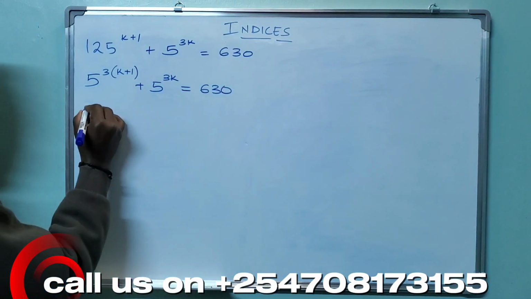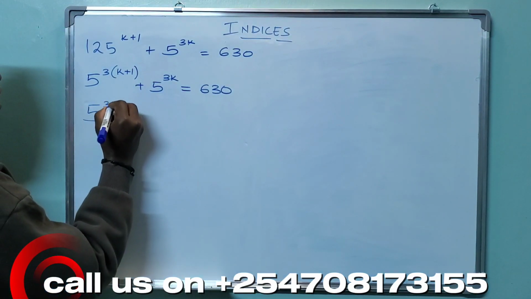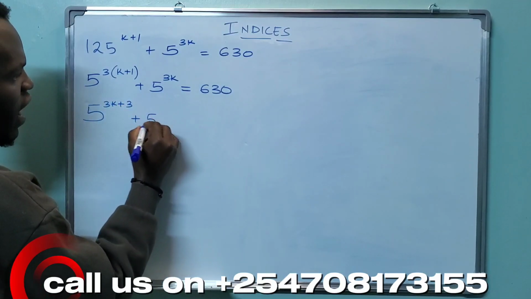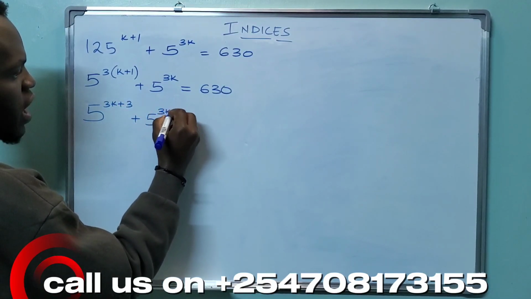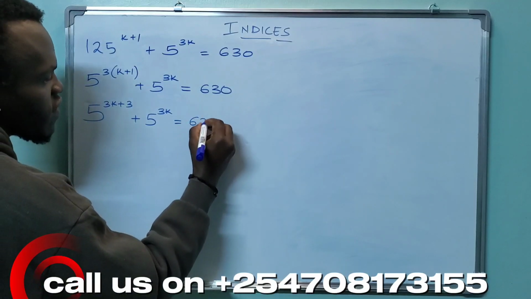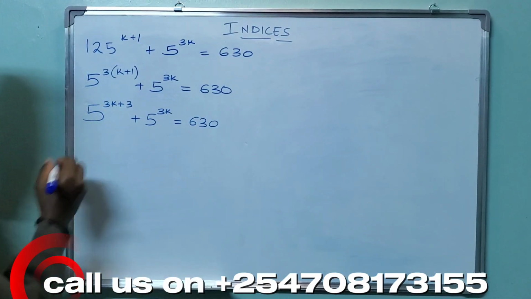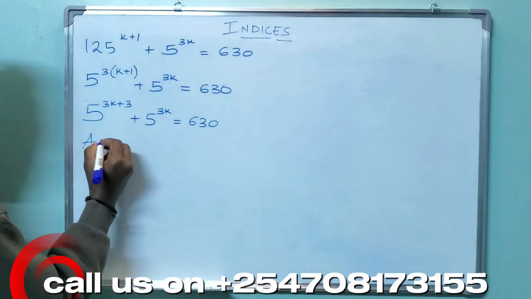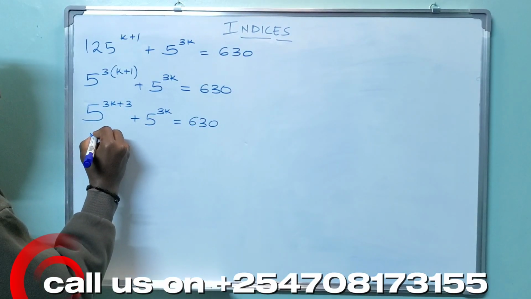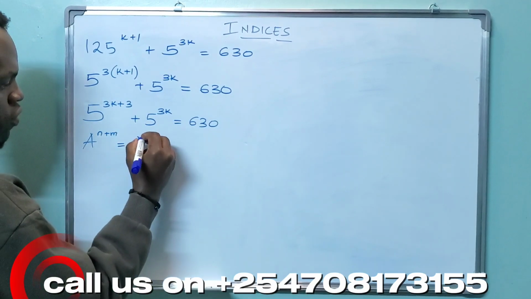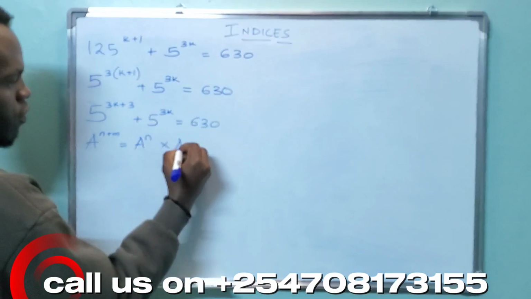So I'm going to have here 5 raised to power 3k plus 3, plus 5 raised to power 3k being equals to 630. Then I'm going to split this one. Remember, I said we are going to split it using that rule, that is a raised to power n plus m.